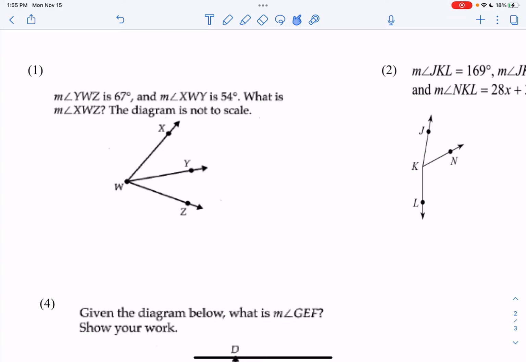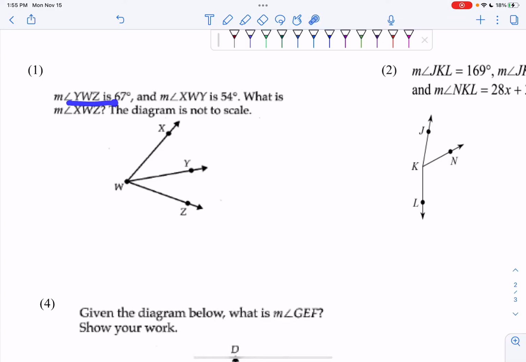So the first thing I'm going to do is label my image. I know angle YWZ, so I start at Y, go to W, end at Z, is 67 degrees. So I can say this is 67. I know the measure of angle XWY is 54 degrees. So my angles are not congruent.